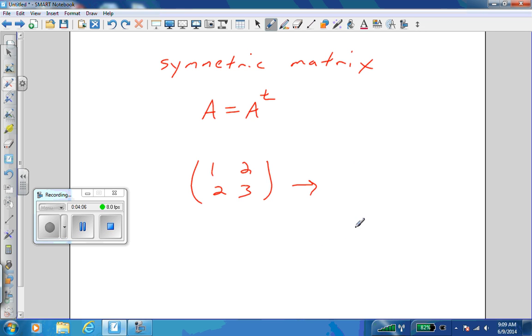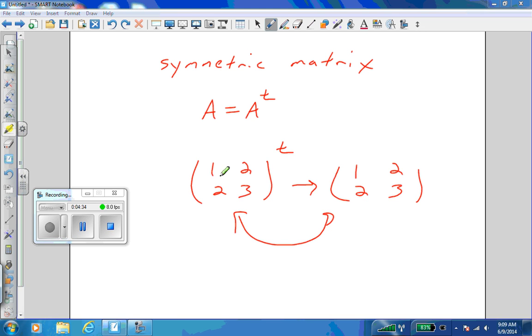Notice if we transpose that, our first row would become our first column. Our second row would become our second column, so this row becomes this column, this row becomes this column, and notice those things are identical. So this is what's considered a symmetric matrix.